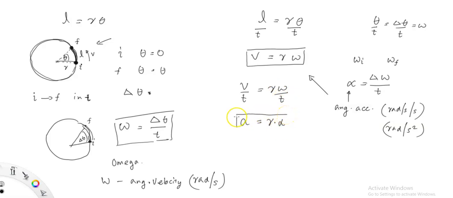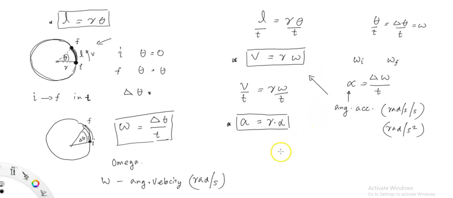Here we have another equation where linear acceleration is connected to angular acceleration by the radius. So we have this equation, this equation, and this equation. They all show you how linear things are connected to angular things through the radius. Okay, so these are three important equations.